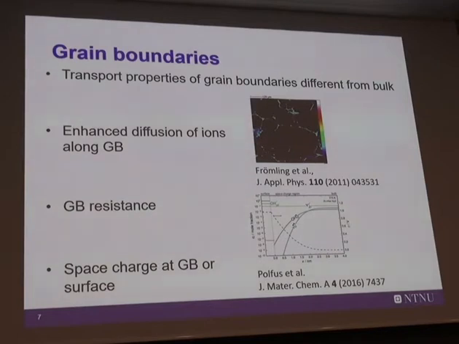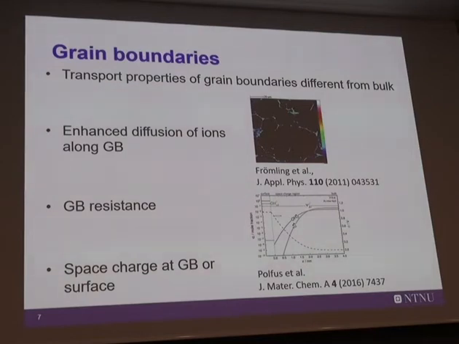Another issue with grain boundaries is that in some cases they also have a resistance, a grain boundary resistance. There is not a general way of explaining that resistance, but one way is to look at space charge at the grain boundary. And here is a kind of sophisticated example of that, but in this case the grain boundary is actually a surface. It's not a grain boundary, it's the surface against air.